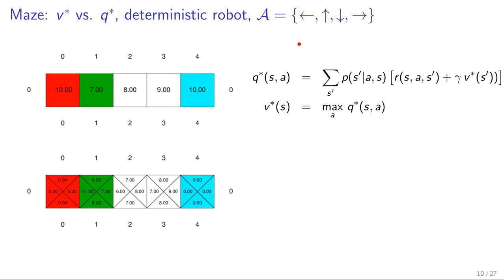So here you see a different situation. So it's still a deterministic robot, and here you see a comparison of the V values and Q values. So the convenient property of Q values is that the best action is clearly apparent.